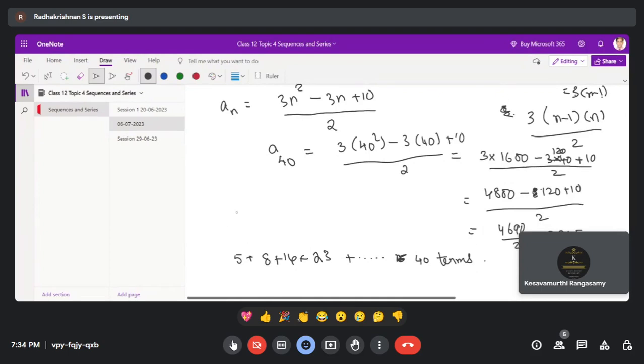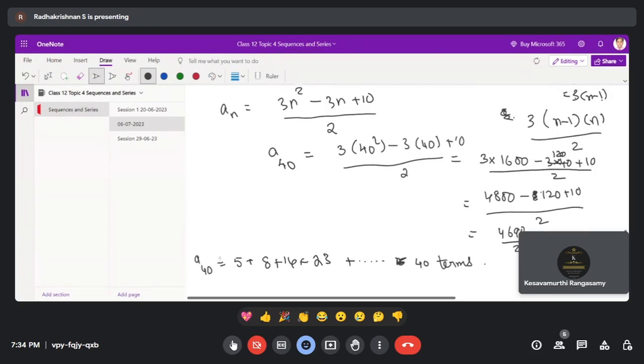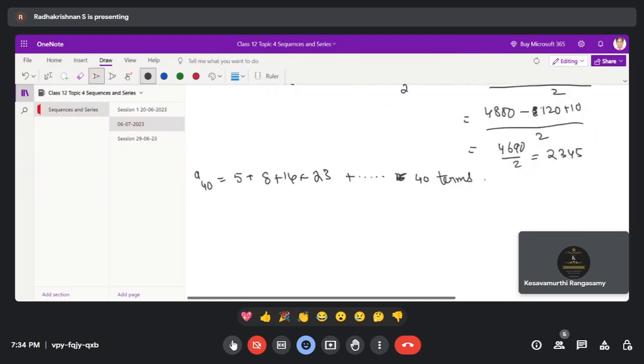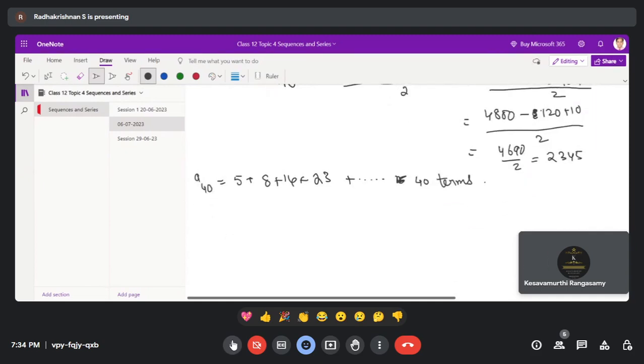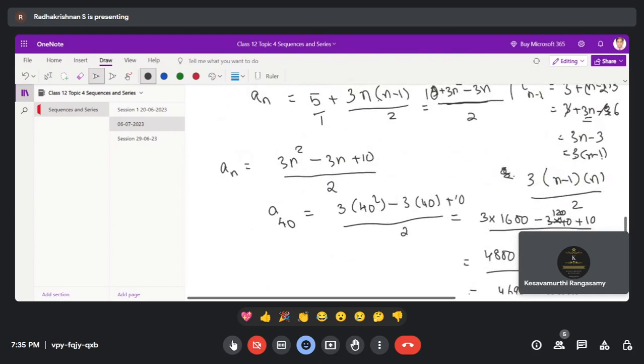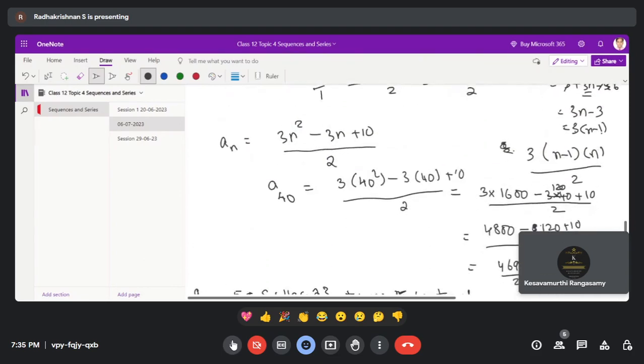But what is given is An or A40, the sum of this series up to 40 terms. What we have determined is only this 40th term. Okay, so how to find this sum? Because this is your Tn formula.